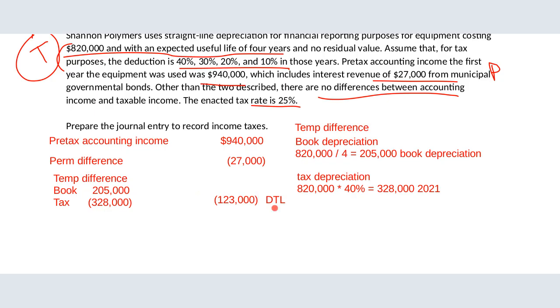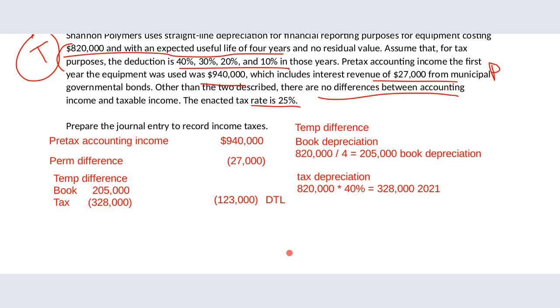Because we're benefiting from this deduction in 2021. We're paying less taxes, but this difference is going to reverse in future years, which means that we're going to pay more taxes in 2022, 2023, for the next 3 years, right? Therefore it is a deferred tax liability.